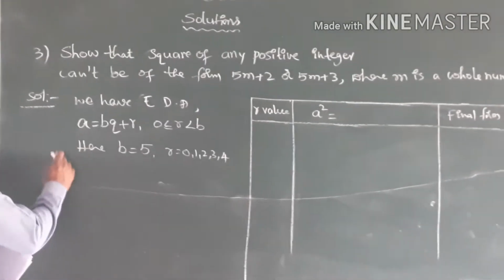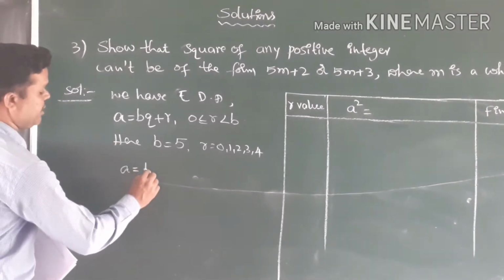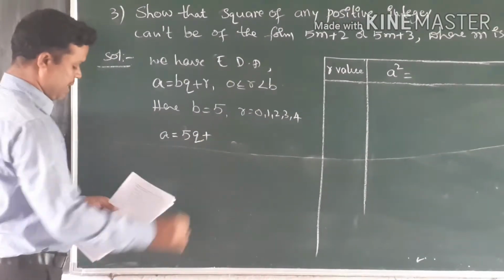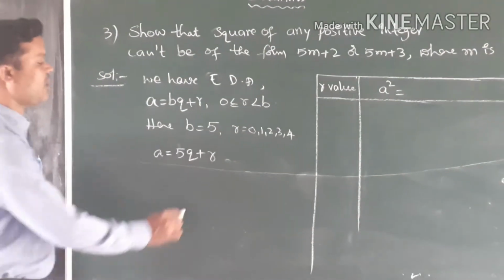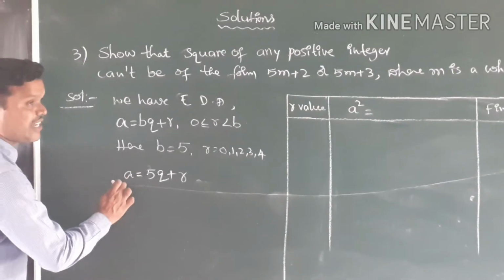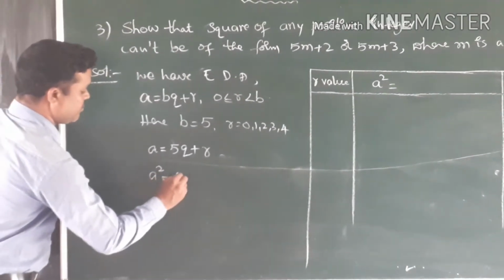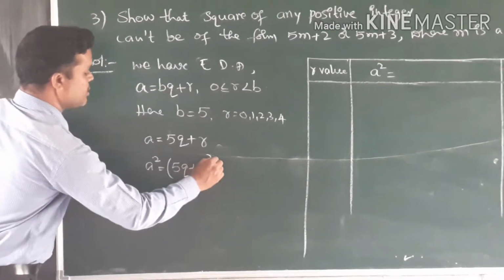Let us define a is equal to 5q plus r. Let us take the r values next. So the square of a is equal to (5q plus r) whole square.